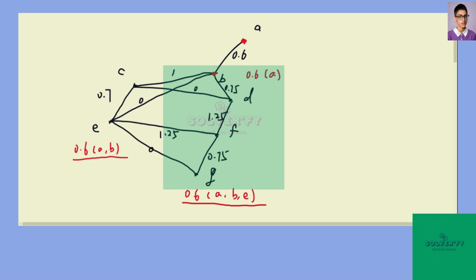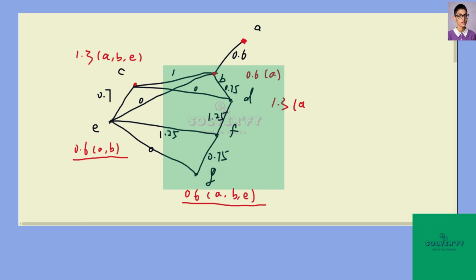The next point we're going to get is C, because it has the smallest cost, which means the cost will be 0.3, going from A, B, and E. This is our cost. And if we go from C to D, it will be the same.